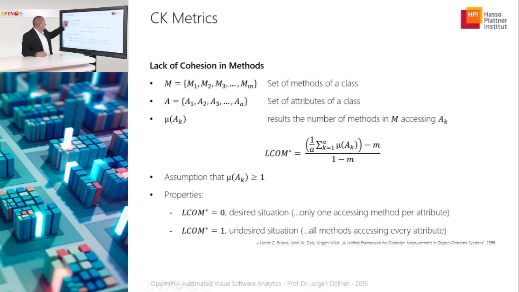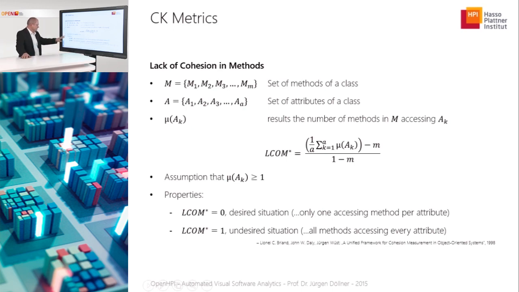And the lack of cohesion in methods metric is defined now by a ratio between the number of methods that use the individual attributes in comparison to the number of methods.